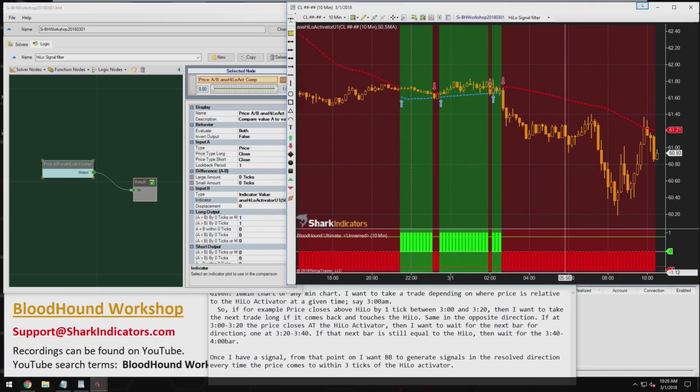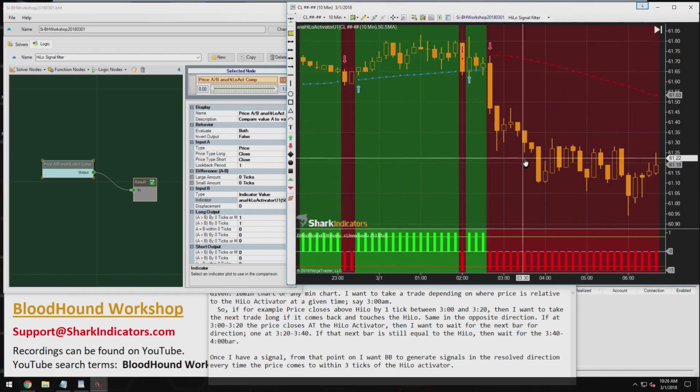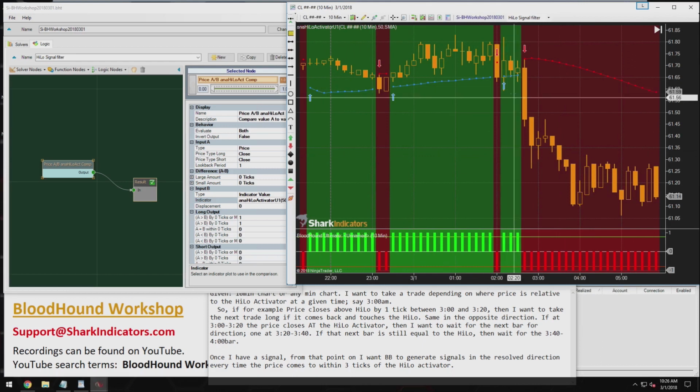So let's take a quick look at what we have. We can see we have a short output whenever the indicator is plotting red, and basically the closing price of the bar would be below the line when it's red. The closing price of the bar would be above when the indicator plot is blue.